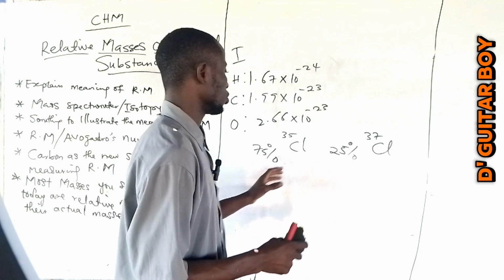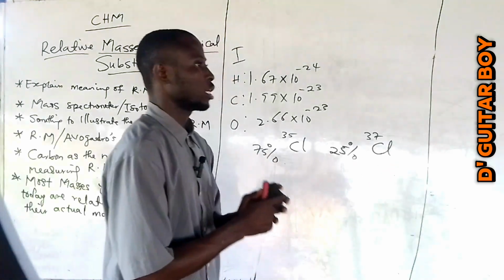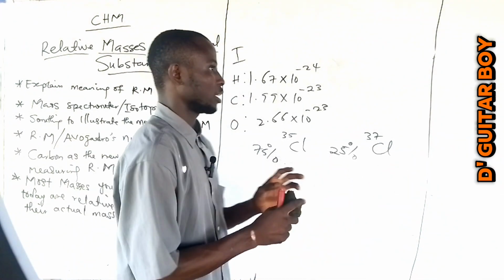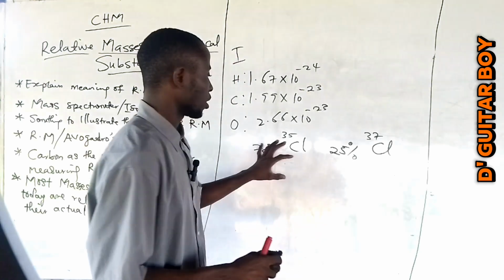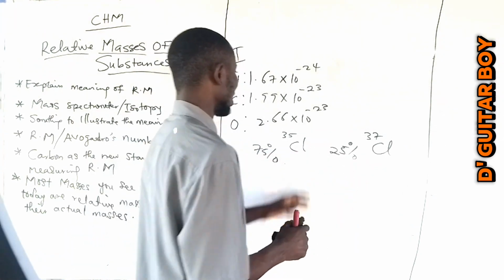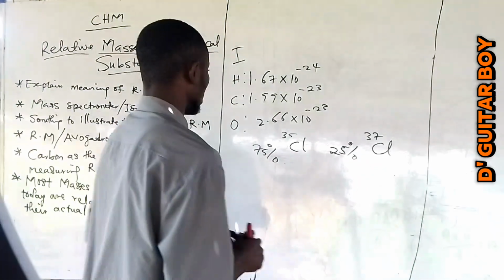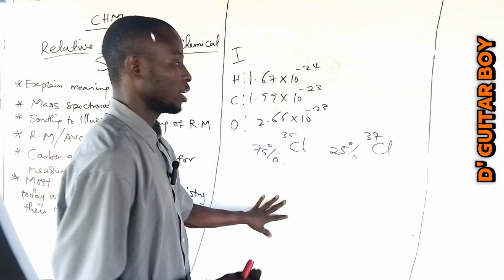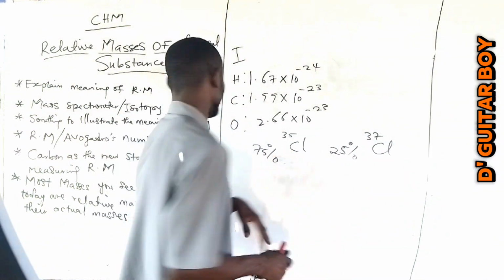Whenever you have chlorine with you, these two types of chlorine are always there together as isotopes. So that's what this actually means. We'll talk about isotopy later, when we talk about atomic structure.